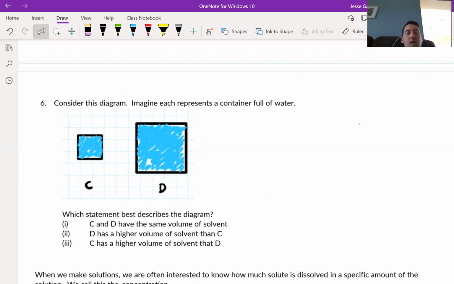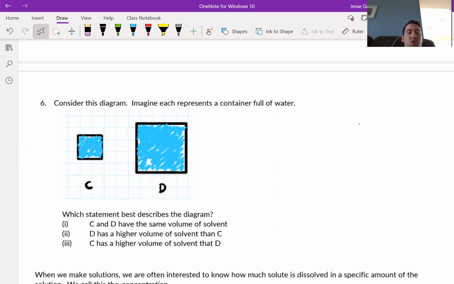All right, so looking at the three statements, let's look at why some of them might be wrong. So hopefully you got the idea that the size of the box is supposed to represent the volume. So let's look at part one. It says C and D have the same volume of solvent.